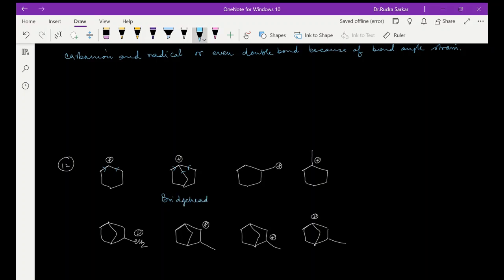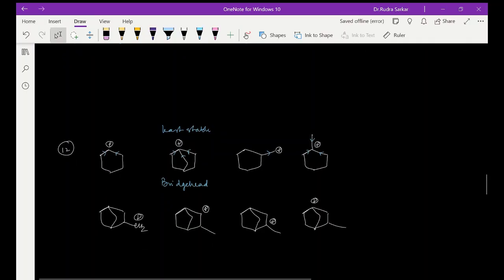Hence, this should be the least stable molecule over here. Here donation is happening from one end, whereas in this case the plus I effect is acting from 3 ends. So this is the most stable, followed by this one, then this is the third, and that will be the fourth.